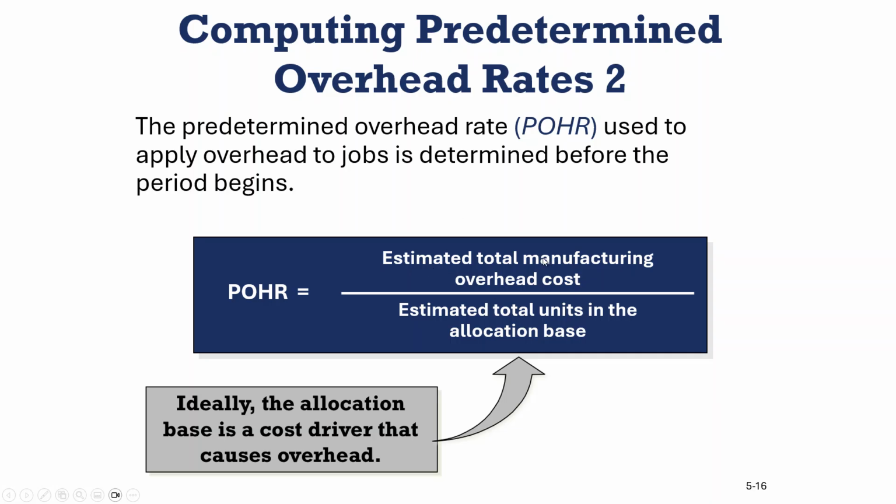You take that cost at the top and divide it by the allocation base. So now you look at what base the company is using for that allocation. That can be direct labor cost, direct labor hours, or machine hours. Very rarely it could be the material used as well.